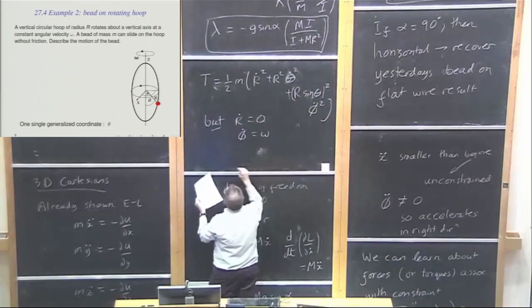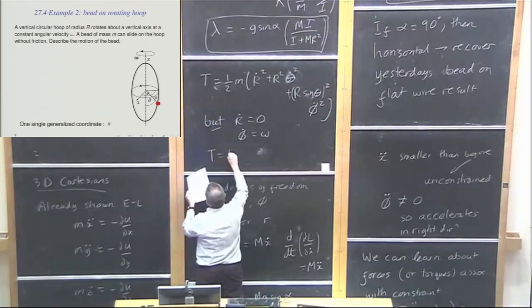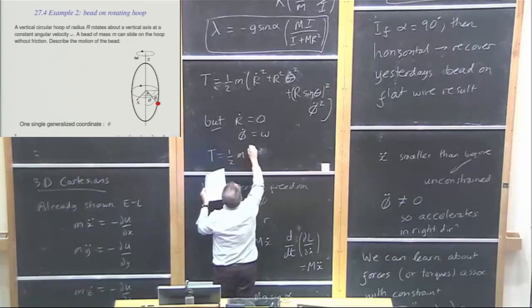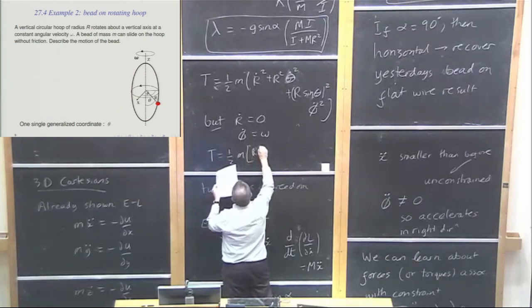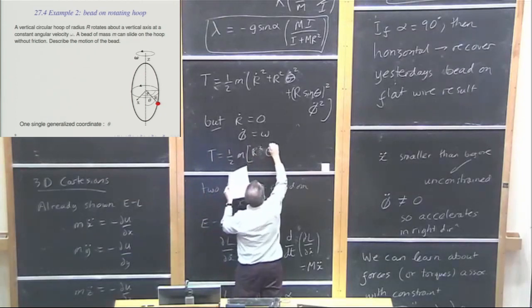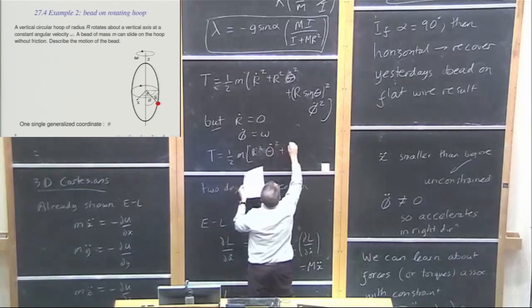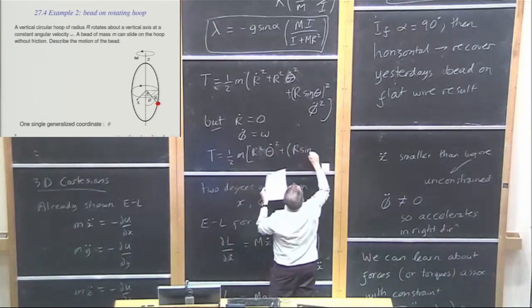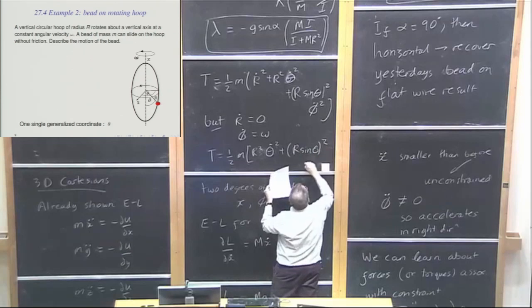So we end up with T is half m, r squared theta dot squared plus r sine theta squared omega squared.